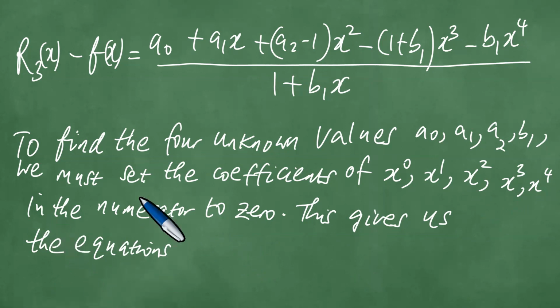What are the equations? So, for example, if you set this to be equal to 0, because we want these to be equal to this. If these are equal, then the difference between the two functions is 0. So it's the 0 polynomial. We wanted this to be equal, so it means A0 is 0.